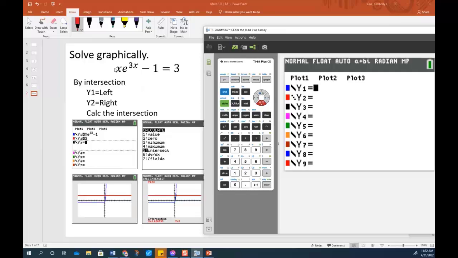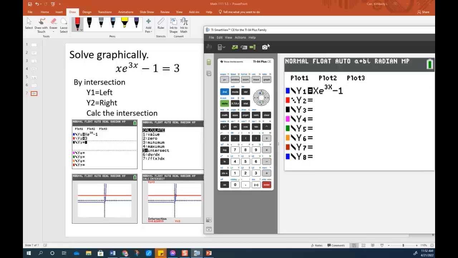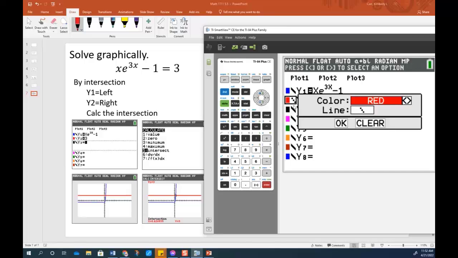So y1 is equal to the left-hand side of this, which is x times e to the 3x minus 1. So x, and then we have second ln gives me e to the 3x minus 1. Now on this next one, it's probably no big deal, but I'm going to back up, and I'm just going to hit enter a few times.